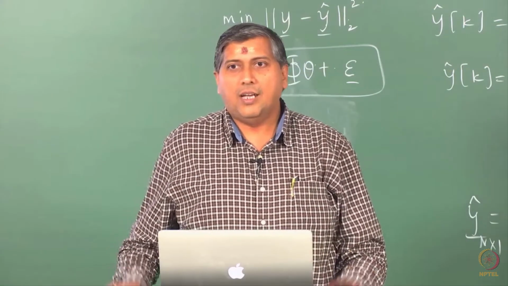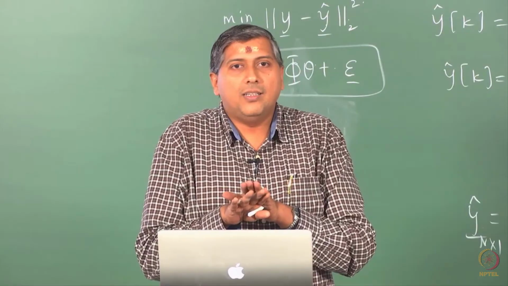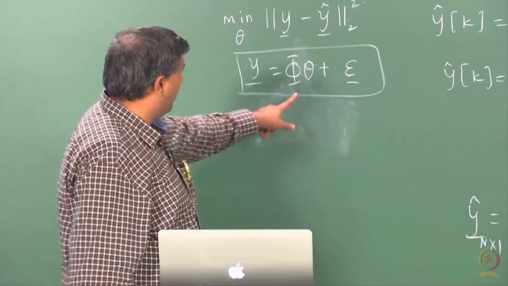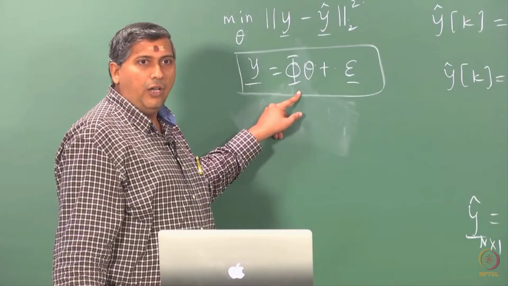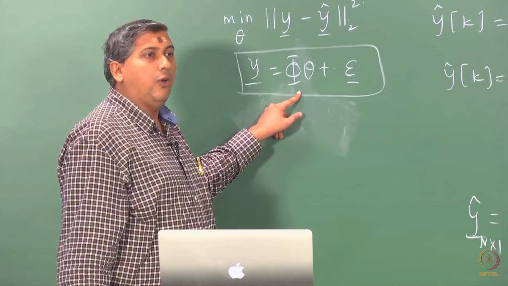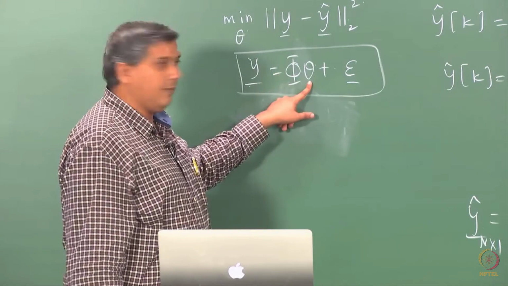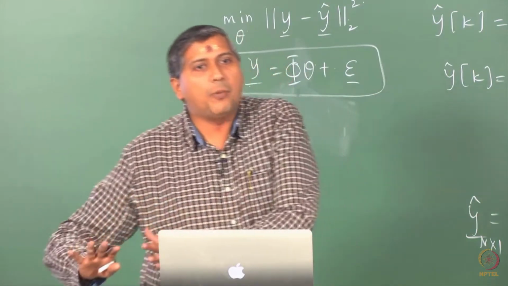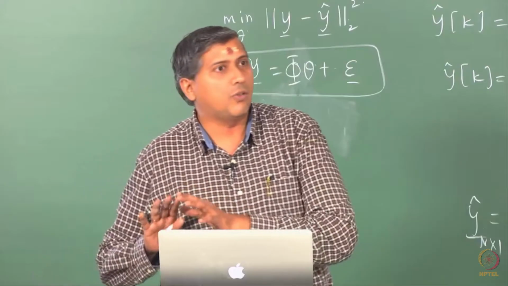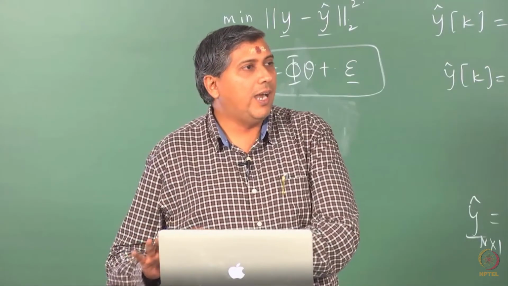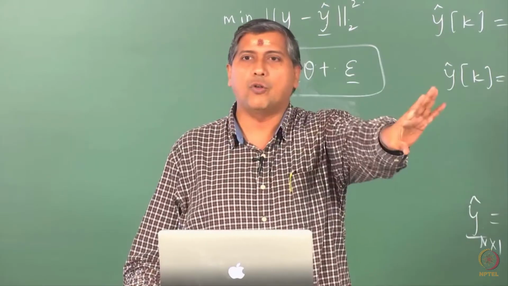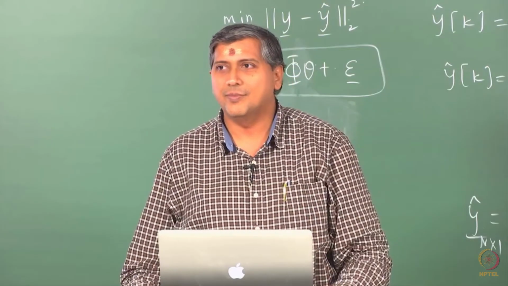Am I right? I am unable to satisfy any of the n observations exactly. That is what this equation says. On the other hand, I could have forced my theta, because theta is the decision variable. I could have solved a different problem, not a least squares problem, and demanded that my model fit any p out of n observations exactly.